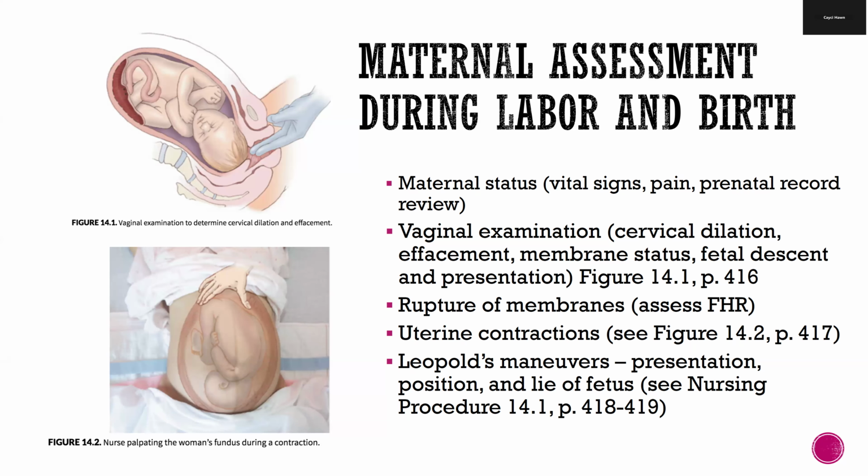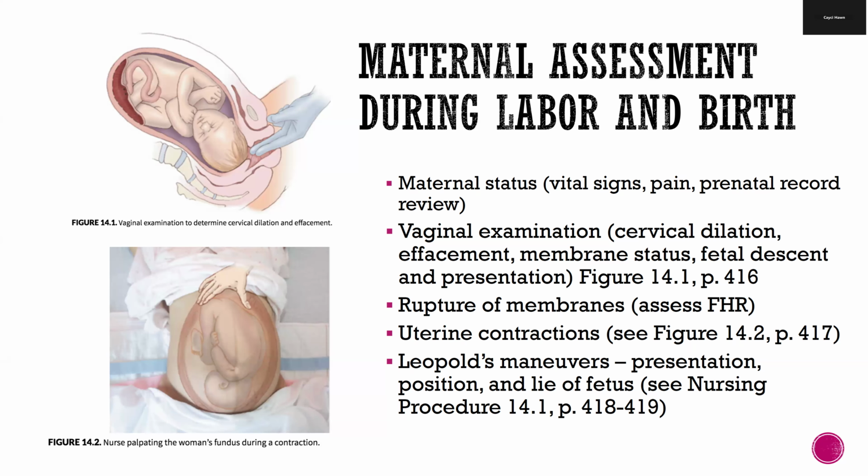So we need to know all of this and monitor that periodically to identify labor progress. So we don't want to do sterile vaginal exams all the time. We limit that to just when it's needed, so that we're not introducing lots of bacteria and things up into the cervix, which can get inside there with the baby.